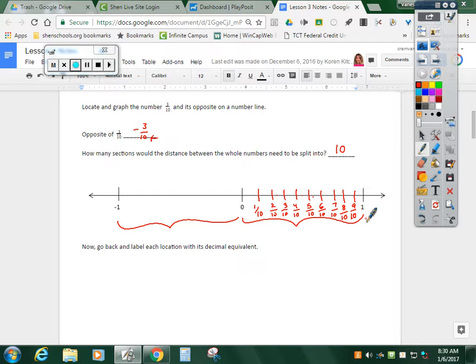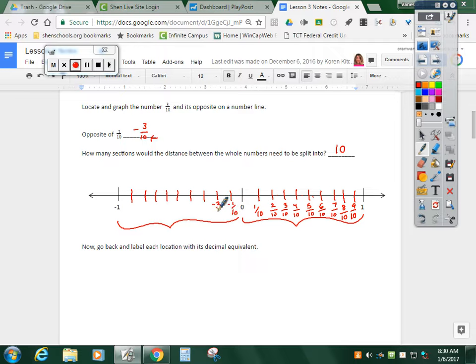We have to do the same thing on the other side, on the negative side. We have to split this into 10 sections with 9 lines. You always make one less line than the total number of sections that you need. So if you go down one of these spaces, you're down negative 1/10.